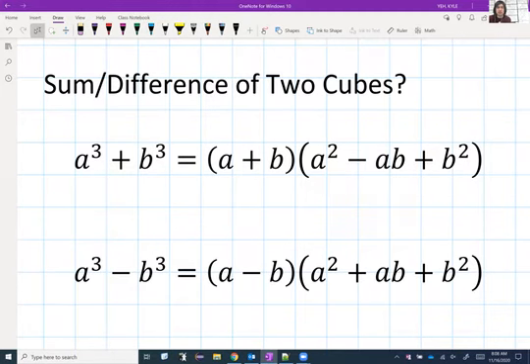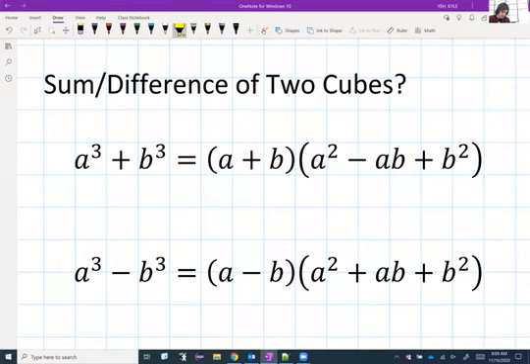The difference of two cubes right below it looks almost identical. It just starts with a minus b and then a squared plus ab plus b squared. Because these two formulas look really close, here's how I remember them.